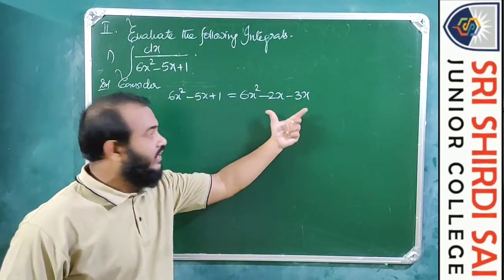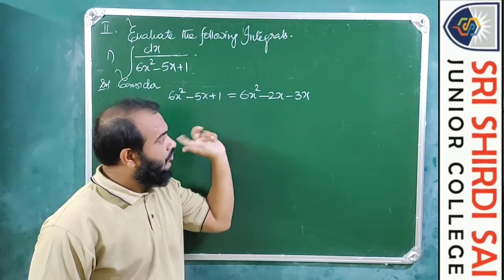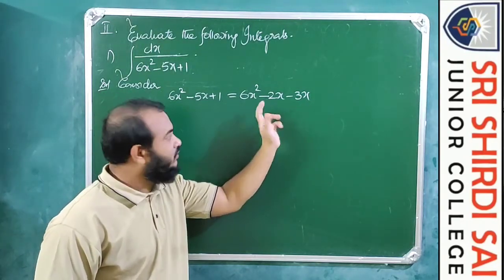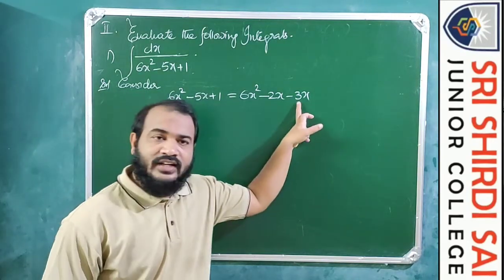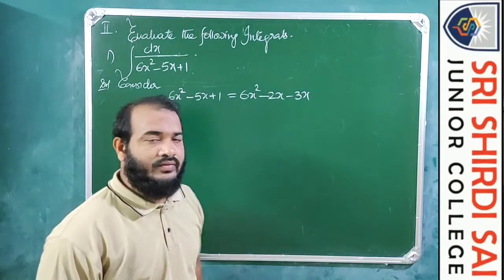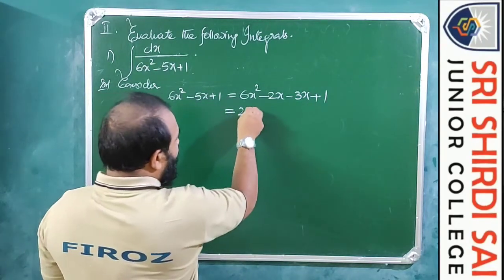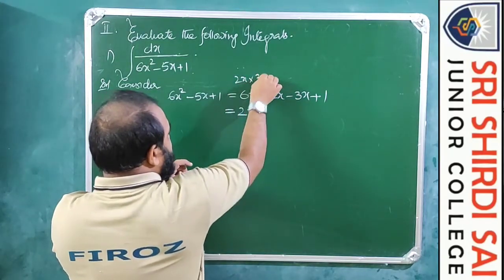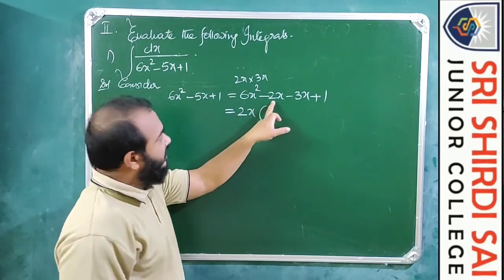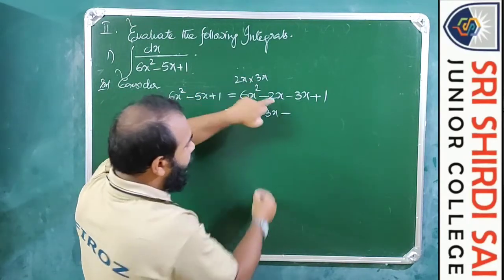If you split the middle term into minus 2x minus 3x, which is minus 5x. 6 into 1 is 6, and minus 2 into minus 3 is, minus into minus is plus, 2 3s are 6. So we can write it like this, plus 1. Take 2x as common. 6x square is 2x into 3x. So here also 2x is there. If you take 2x common, we are left with 3x here. Minus 2x, quotient is 1.